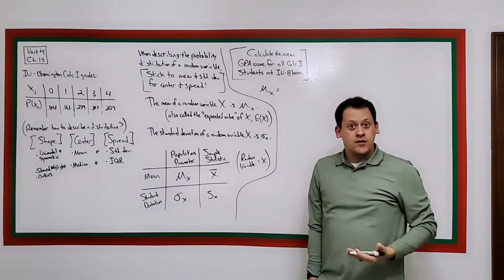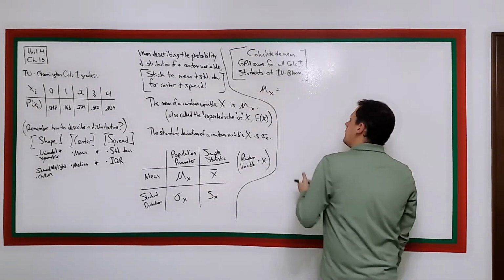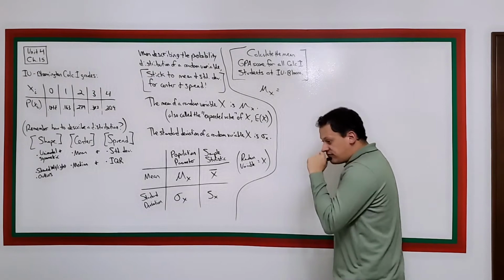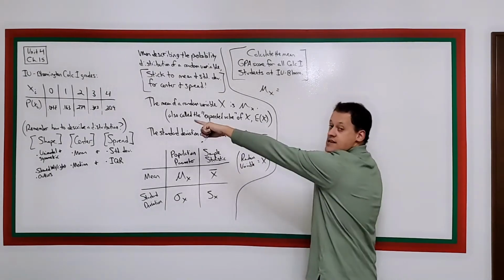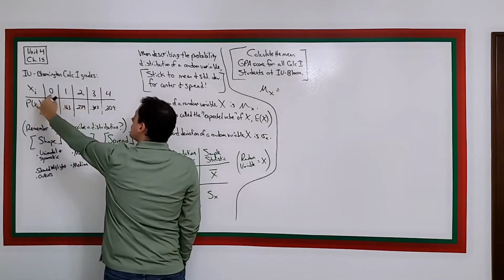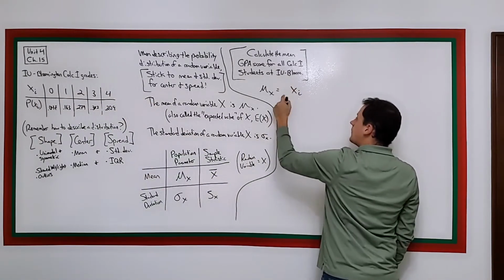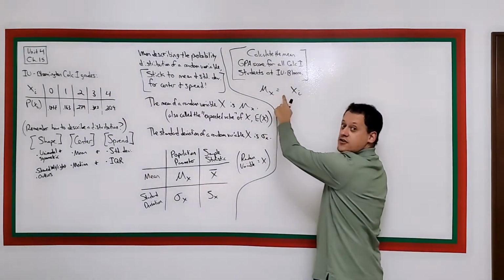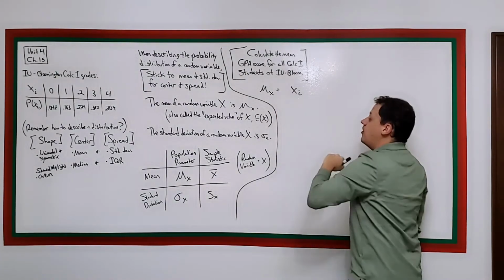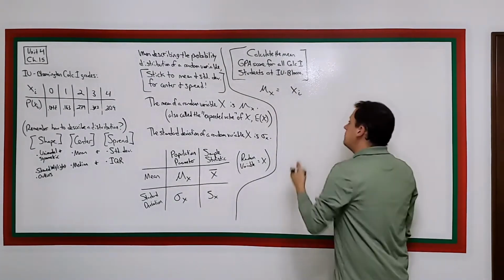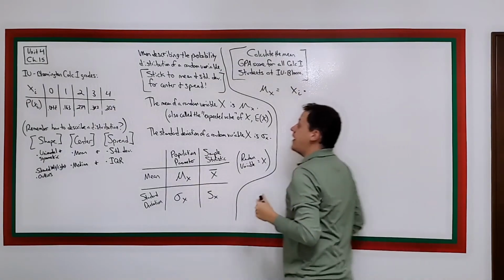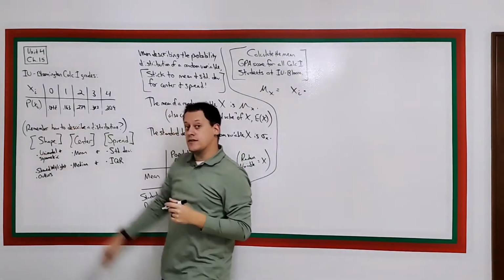And the formula for how this mean is calculated, we're going to take each of the xi values here, so the 0, 1, 2, 3, or 4. Leave a little space here if you're writing your notes along with me. We're going to take all those xi values and we're going to multiply them by their corresponding probabilities.